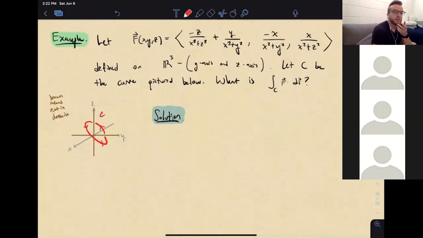Okay, so let's take the divergence. I don't know what that would get us.